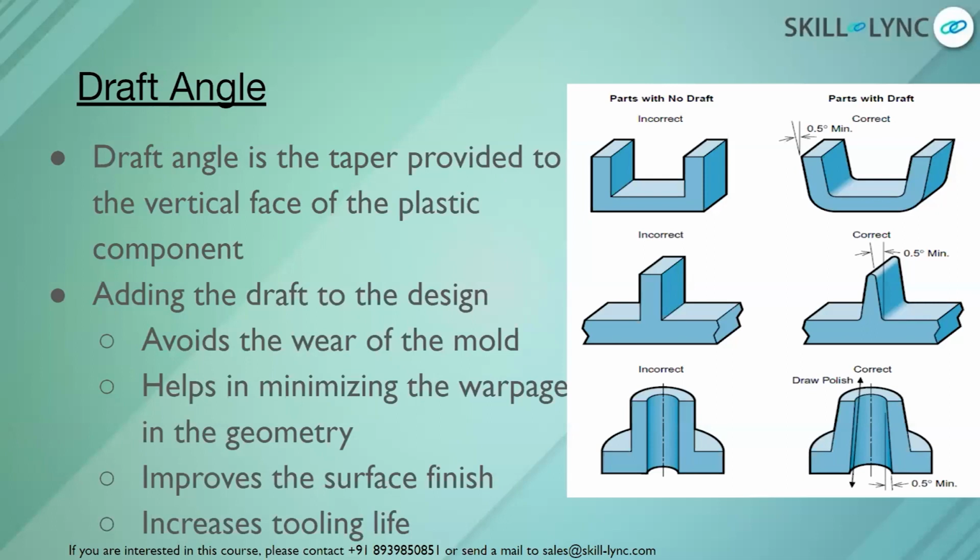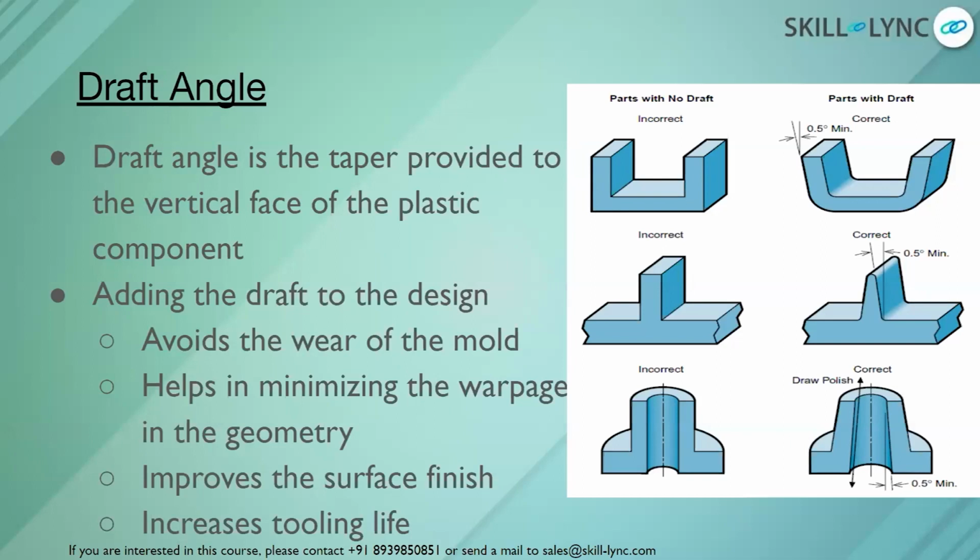Now, increasing tool life is another factor we need to look into when developing your core and cavity blocks. These are metal parts which are manufactured for the injection molding process. If the design of the plastic is improper, and accordingly you design your core blocks, that will lead to a reduction in tool life because of the wear and tear happening to the parts.